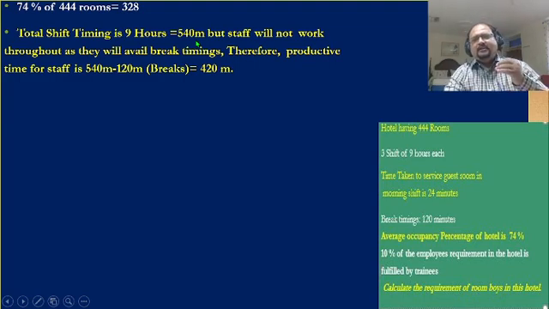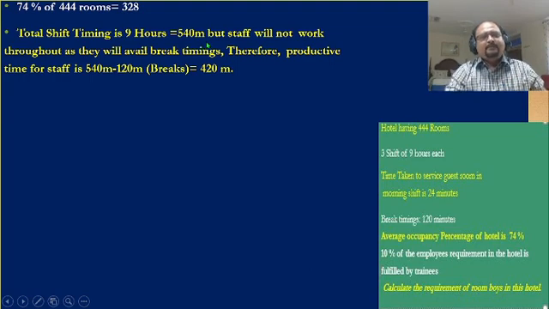Here the time taken to service a guest room by one room boy in morning shift is given in minutes. So we converted hours into minutes, so that it makes it easy for us to solve the question, because if all the units are similar, then only we will be able to calculate it properly. So that is the reason we are converting 9 hours into 540 minutes.